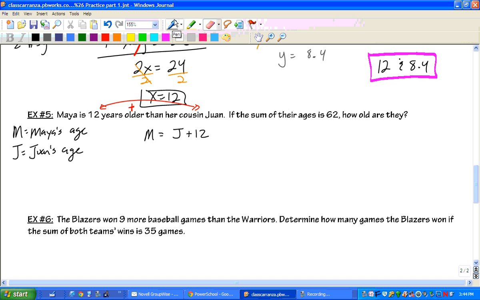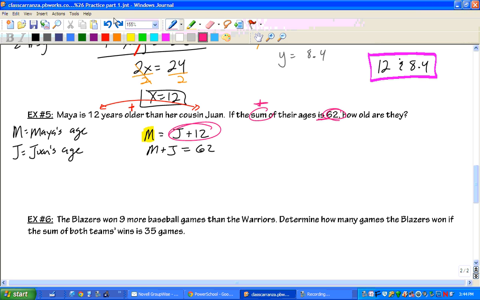Okay, if the sum of their ages, so sum is plus, is 62, how old are they? So the sum of their ages, which means we add them up, is 62. How old are they? Now, we're not going to be using elimination here because the m is all by itself.